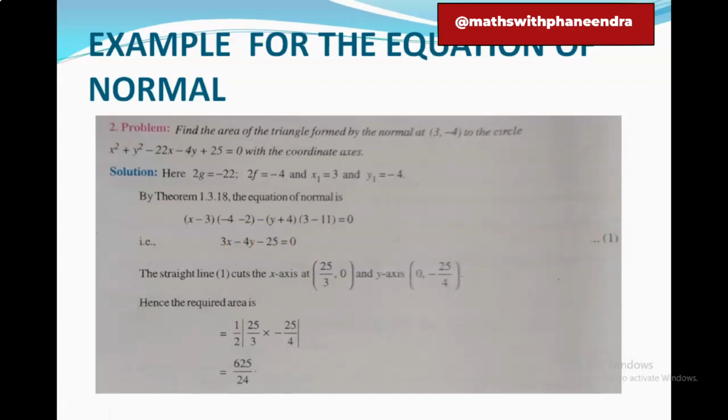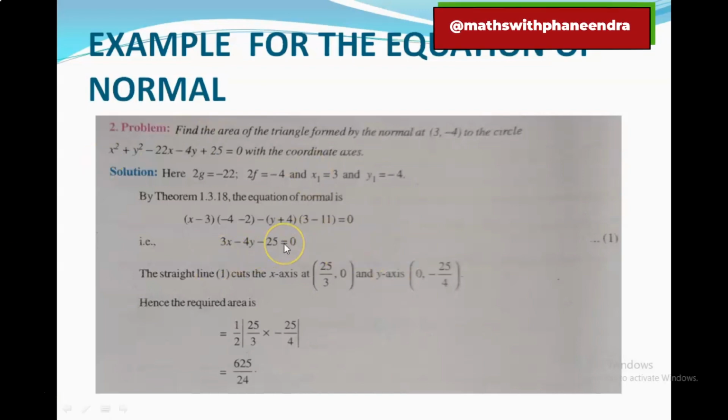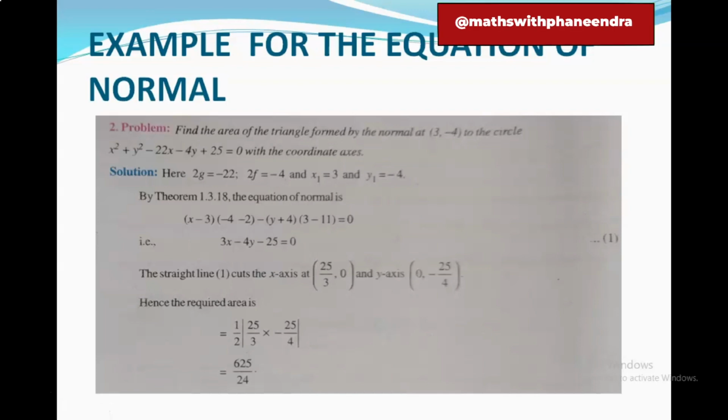This normal equation of the line looks like ax + by + c = 0. When this line cuts the coordinate axes, you will get the x-intercept and y-intercept. The x-intercept is denoted by small a and the y-intercept by small b.